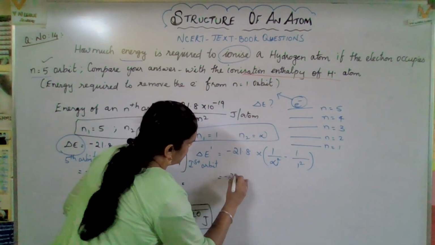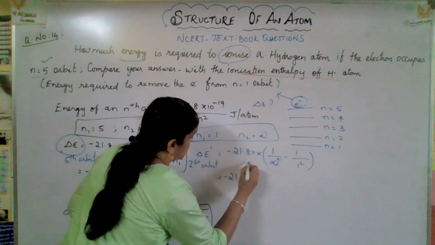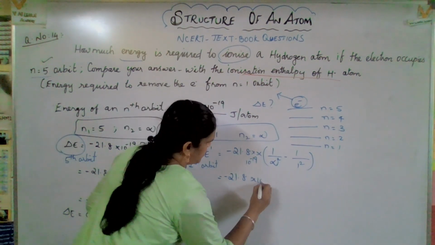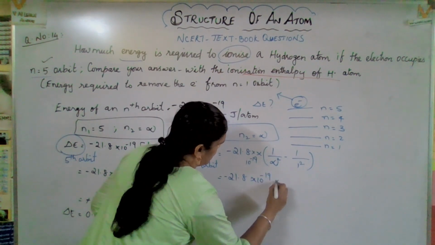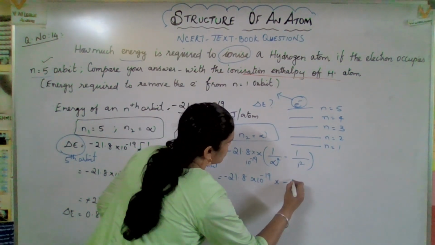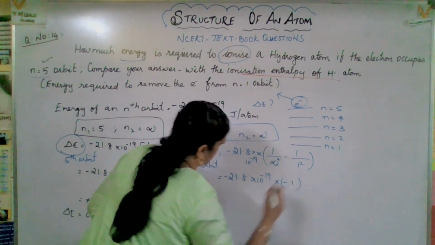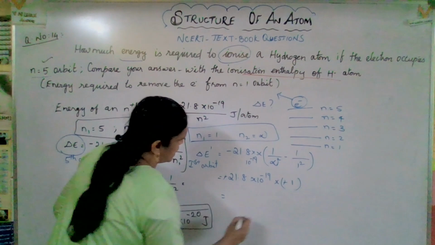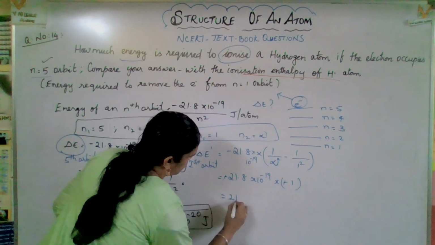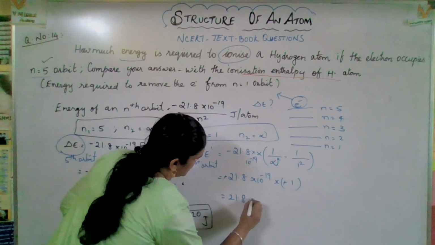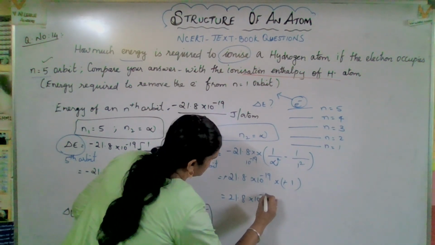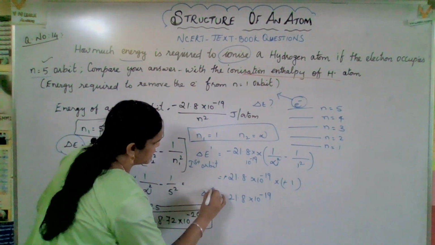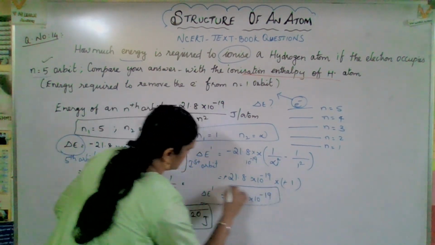Minus 21.8 into 10 to the power of minus 19 into minus 1 squared, 1 only. This minus and this minus will be cancelled. So you get 21.8 into 10 to the power of minus 19 joule as delta E dash.